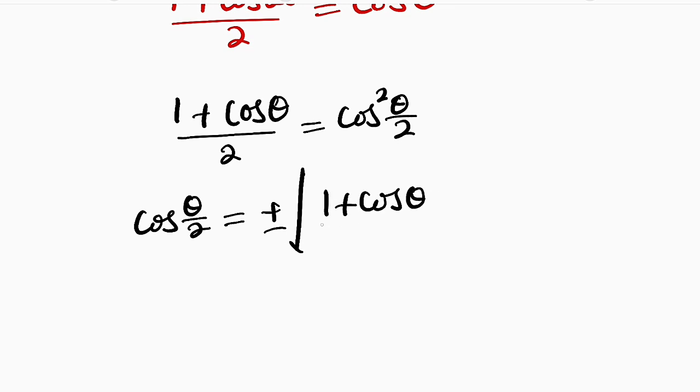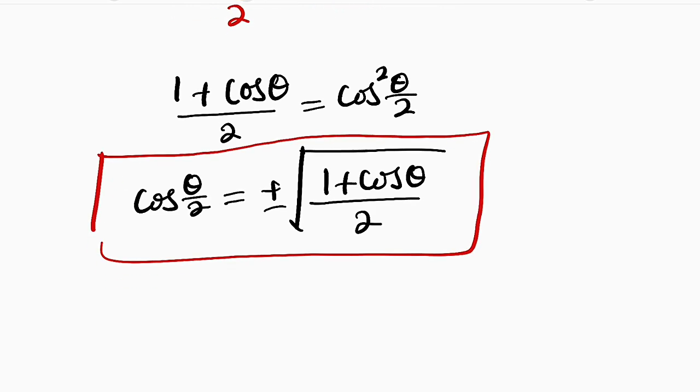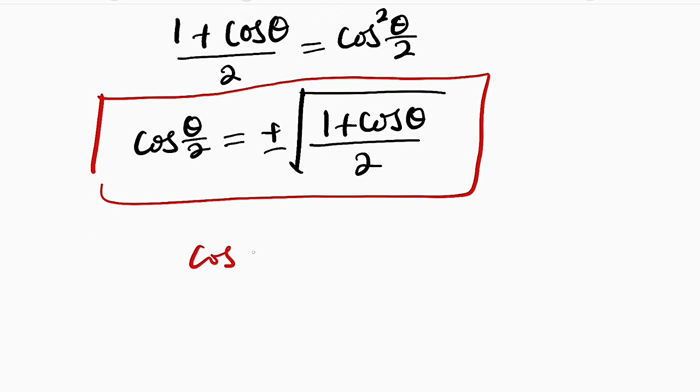I think before I continue, I need to tell you why we need this half angle formula. For instance, if you're asked to find cos of 15 degrees, you know 15 degrees is not a special angle, but we know that 30 degrees is a special angle. So it's much easier to find cosine of 30 degrees than 15 degrees.